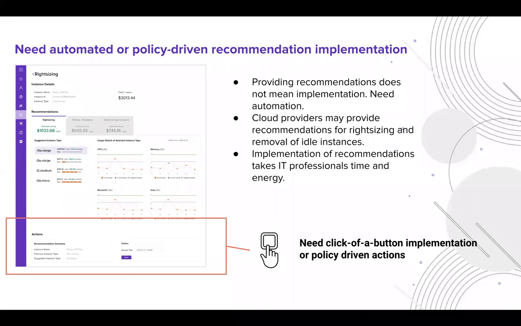Yeah. So we give you all this information so that you can pick the right instance type, and then more importantly, it's about automation.